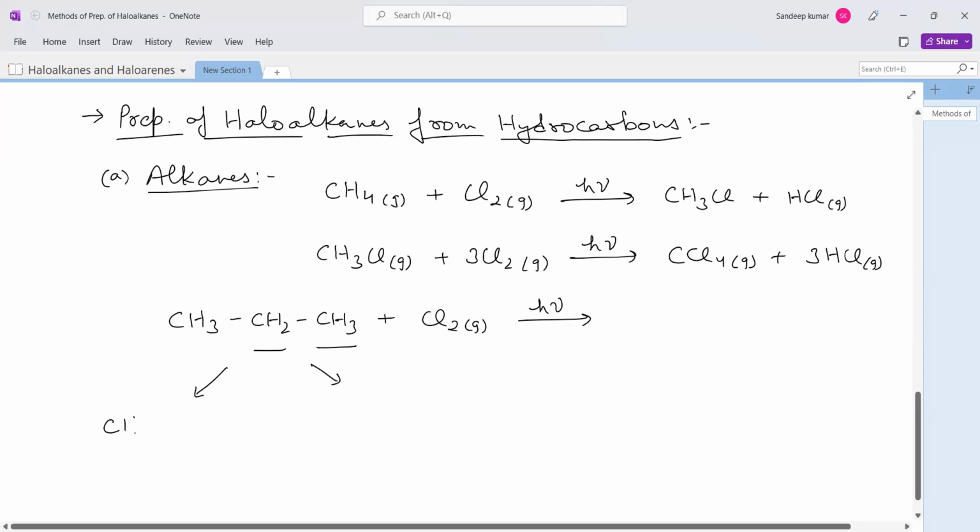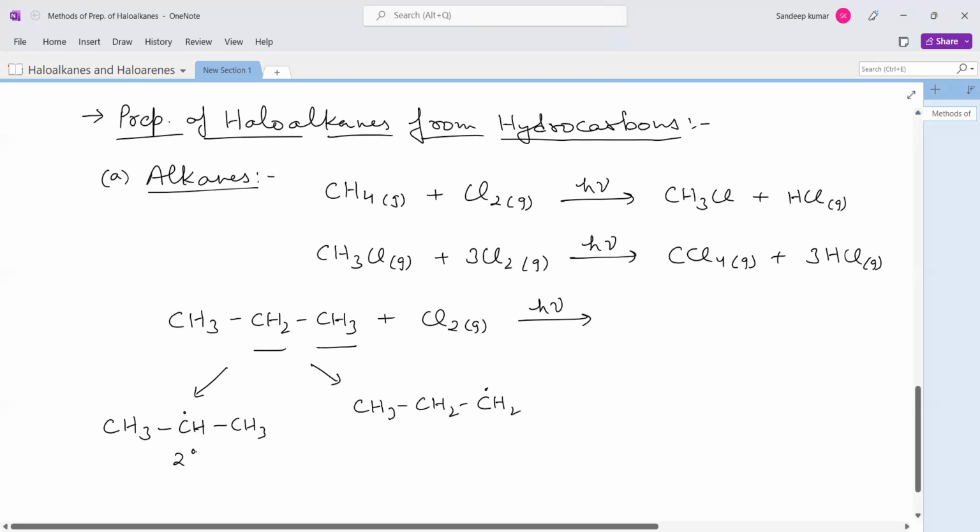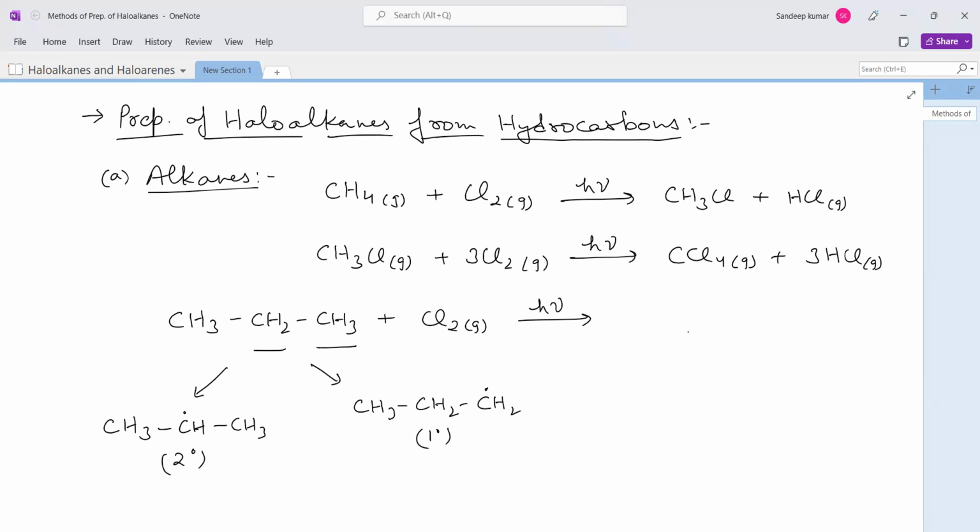One could be a secondary free radical and the other could be the primary free radical. So this is the secondary free radical, 2 degree, and this one is the primary free radical. Now, as we know, secondary free radicals are more stable as compared to primary free radicals.